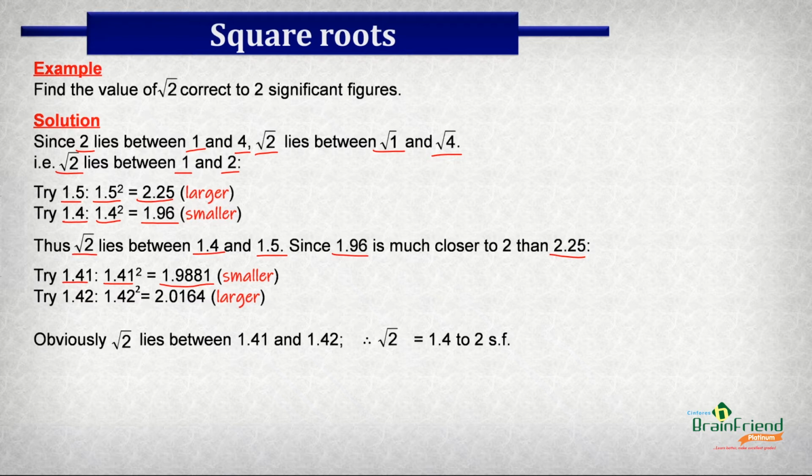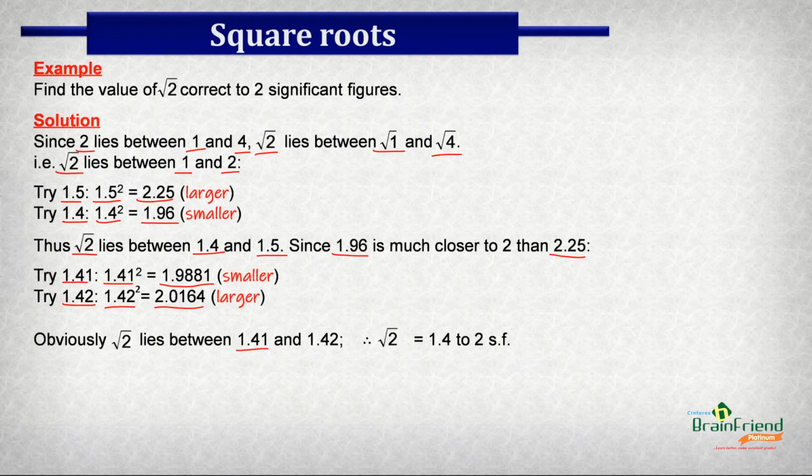We try again, 1.42. Now 1.42 multiplied by 1.42 gives us 2.0164. This is a bit ahead from the number 2. Recall that the question says we should find an answer correct to two significant figures. It means we are only interested in the first two significant figures.